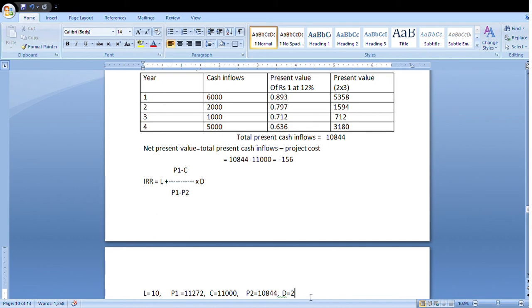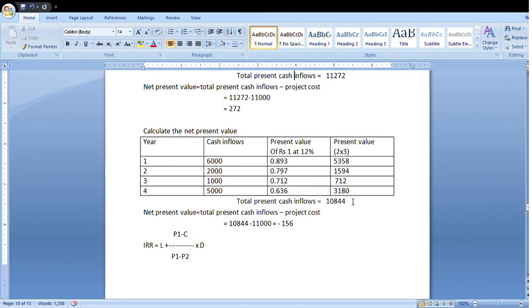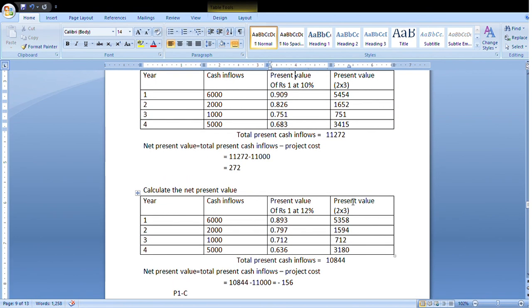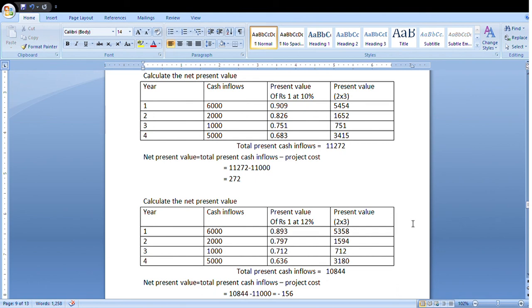P1 is the present value at the lowest discount rate, P2 is the present value at the highest discount rate, and L is the lowest value. These two values are the discount rates 10% and 12%. This is the lowest.